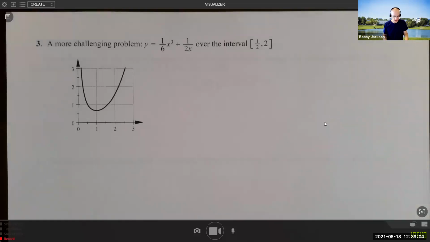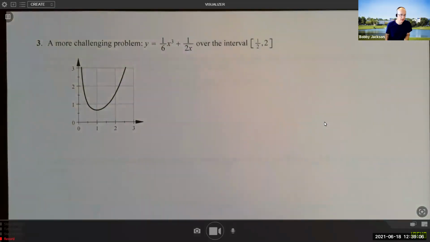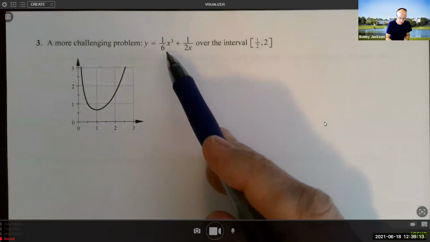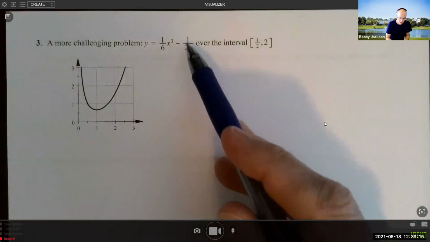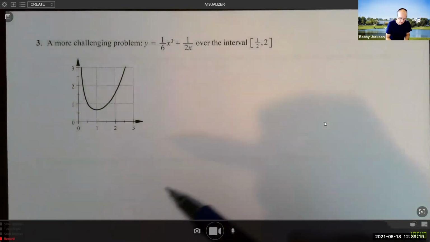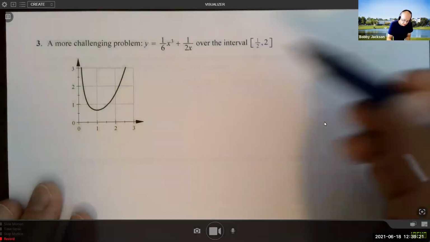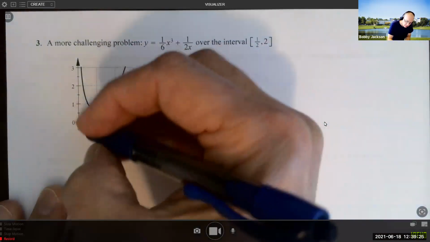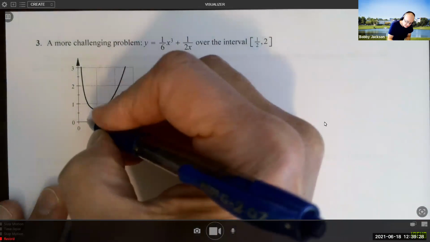Let's take a look at a little more challenging problem here in arc length. This one is this function, which has a cubic term and then a 1 divided by 2x term over the interval from 1/2 to 2. So I've graphed the portion of the function that we need. We're going from x equals 1/2.